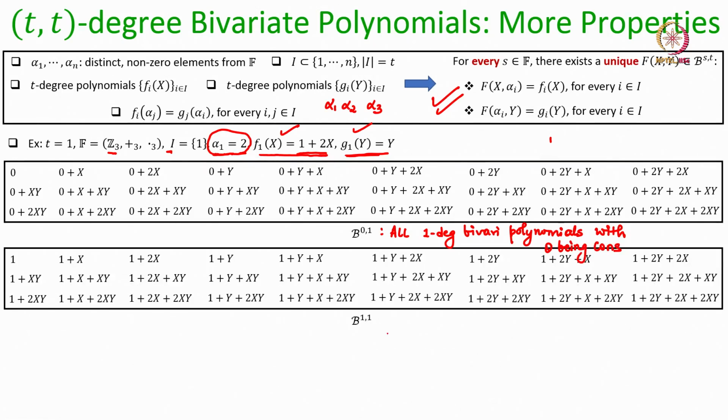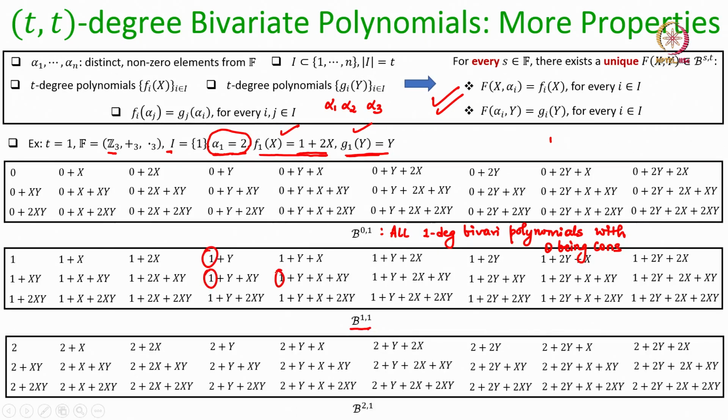In the same way, this is the set of all bivariate polynomials of degree 1 with 1 being the constant term, and this is the set of all bivariate polynomials of degree 1 with 2 being the constant term.